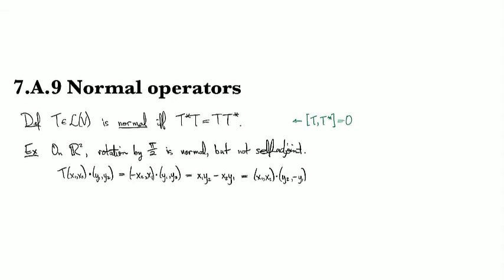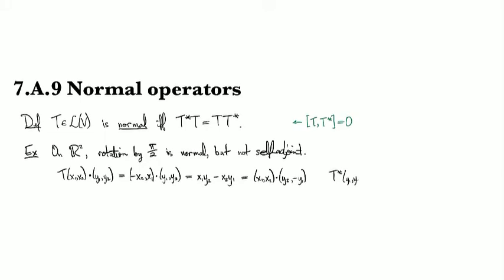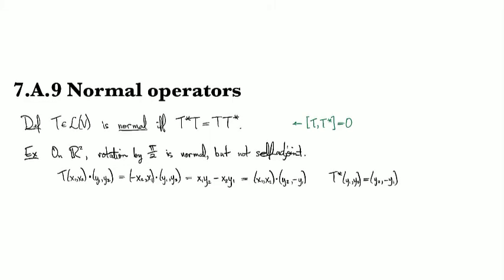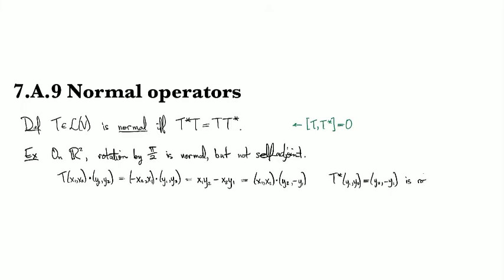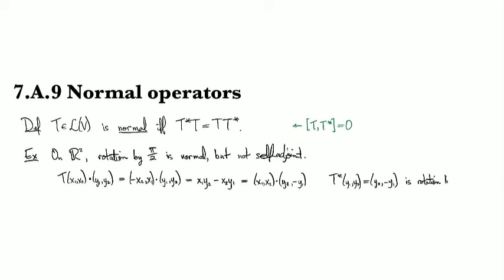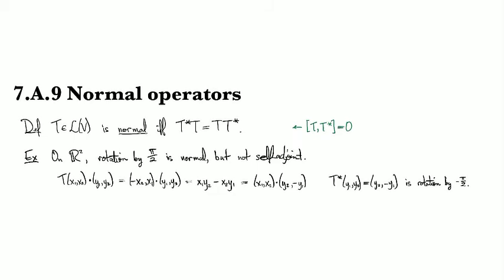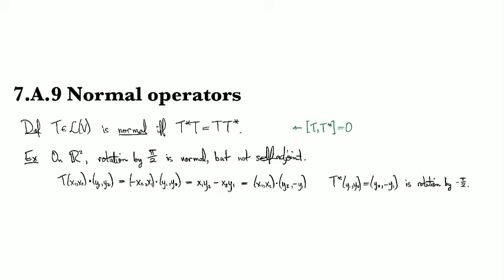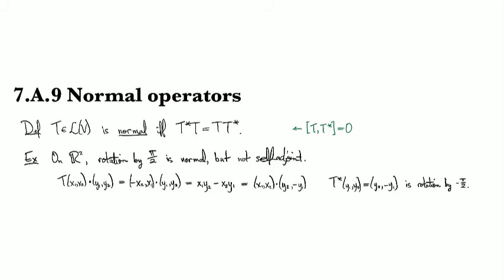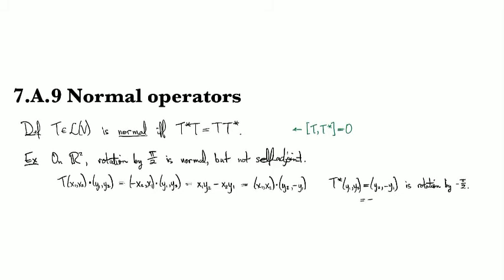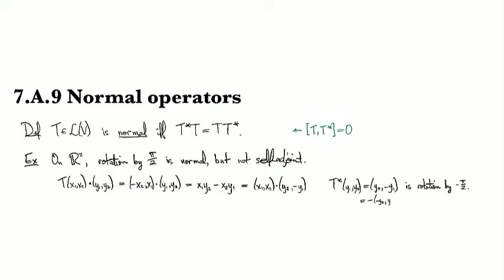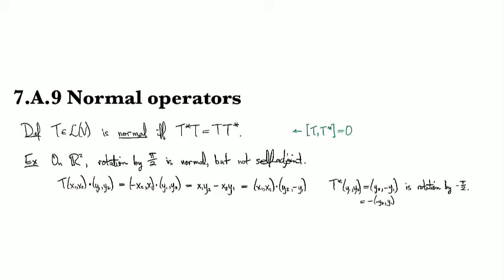So that tells you that T star of y is (y2, minus y1). And so this one is rotation by minus pi over 2. If you look at it, it's also the negative of the positive rotation, so that should be clear.